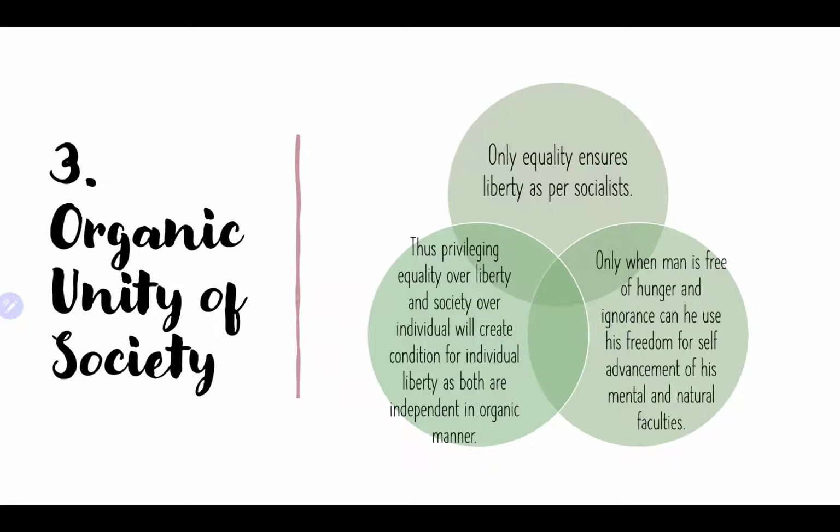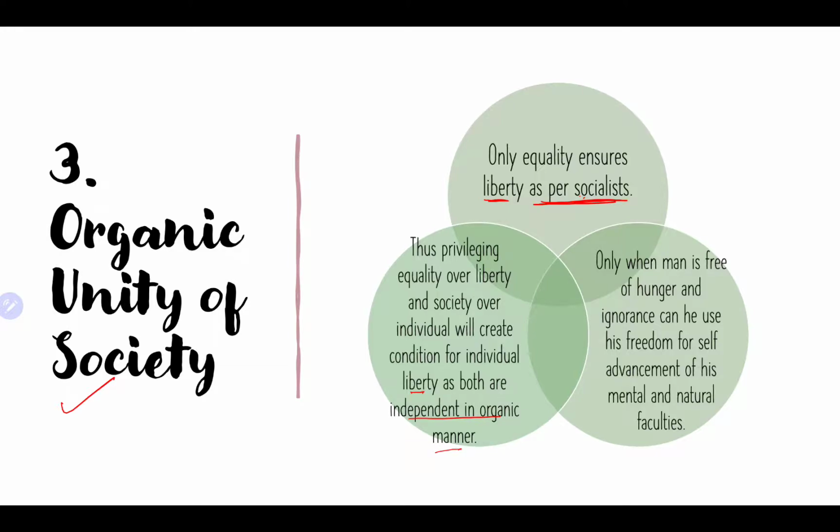Now moving forward, organic unity of society. What does this organic unity of society mean? First, only equality ensures liberty as per socialists. The socialist says that equality is ensured by liberty, thus privileging equality over liberty and society over individual will create the condition for individual liberty as both independent and organic matter.